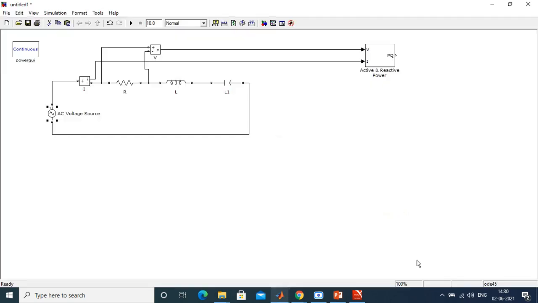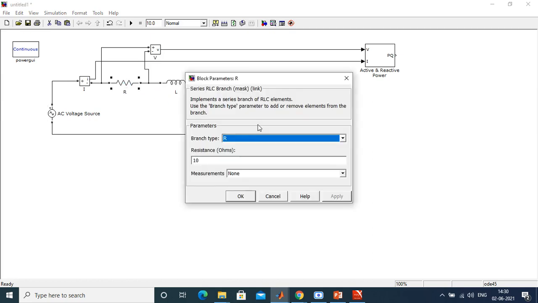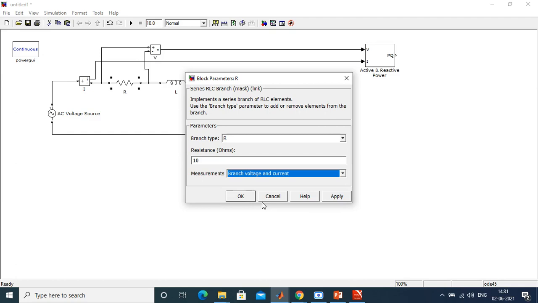Okay, now go to here. This is the value I need to display. And one more thing, here I will select branch voltage and current, apply.